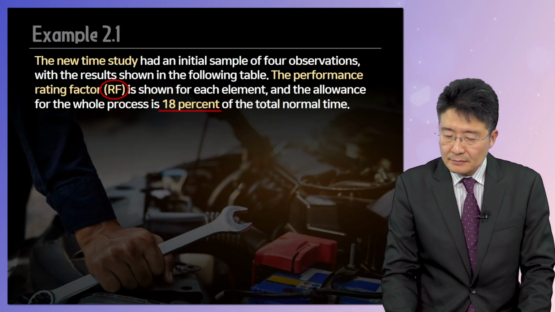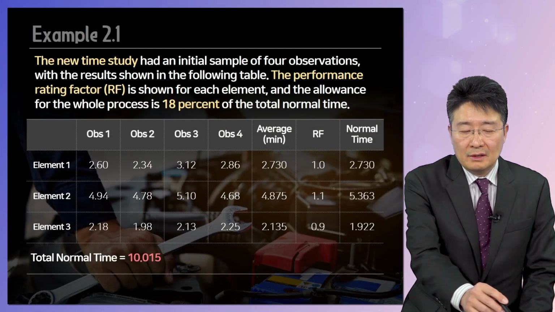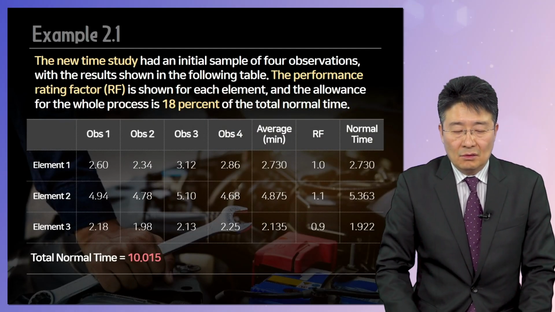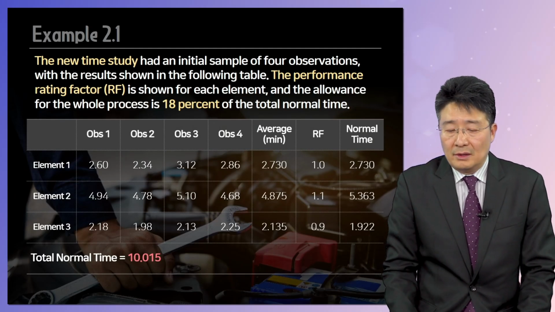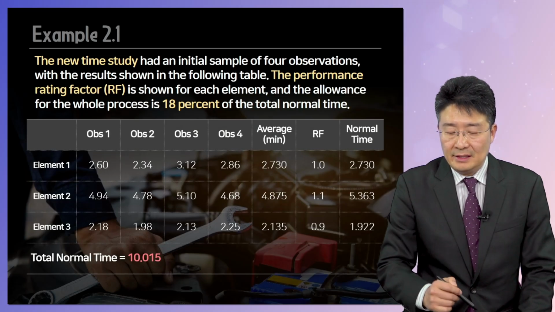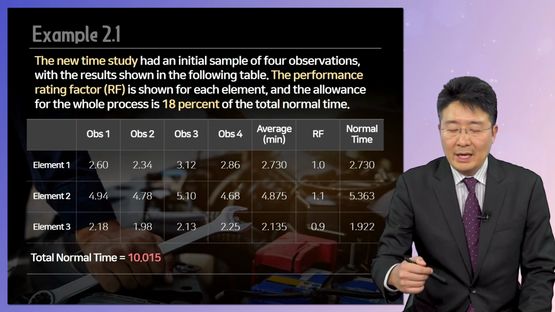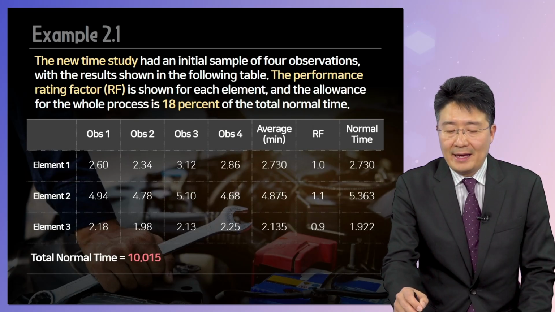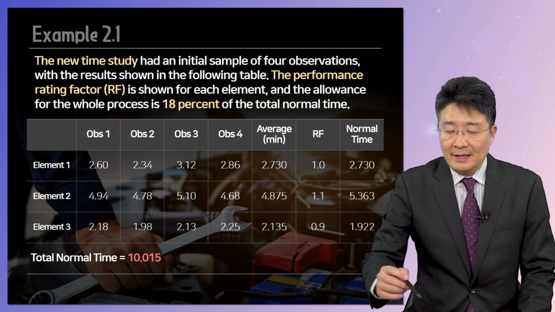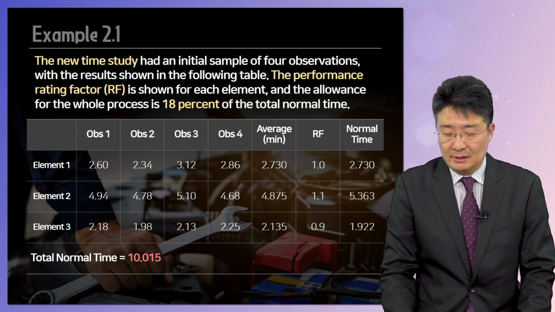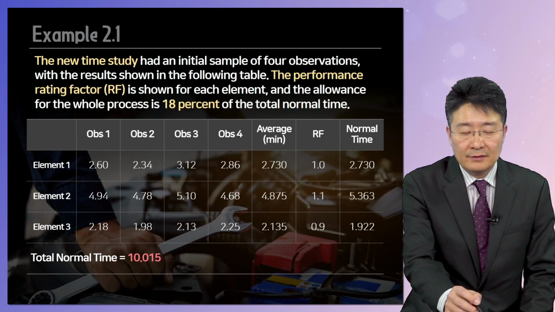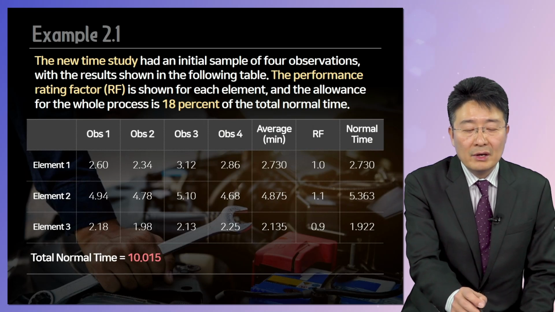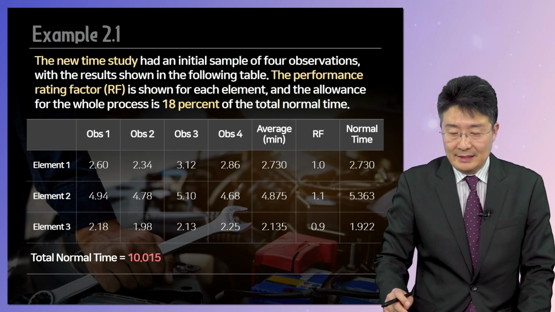In this table we are going to use the rating factor. For each element we have 4 observations. We calculate the averages. We reflect RF in here, which means we are going to multiply the averages by the RF. And then finally we will calculate the normal times in here. The RF is considering the allowance time for the whole process.